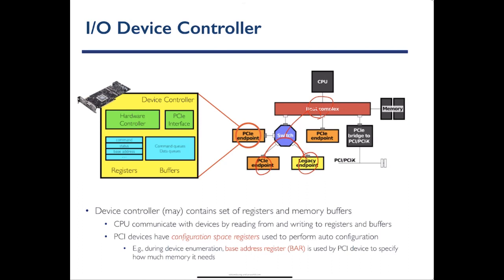So with access control, we don't allow this communication. We force the communication to go first to the root complex and then come back to the other device. And inside the root complex, the IOMMU basically checks and validates the request. And this prevents malicious hardware from attacking other hardware.